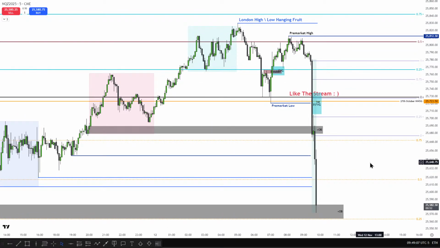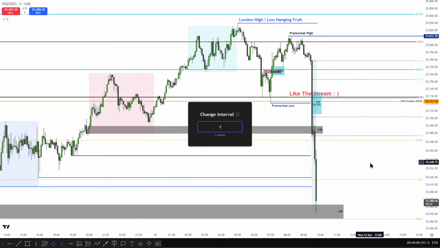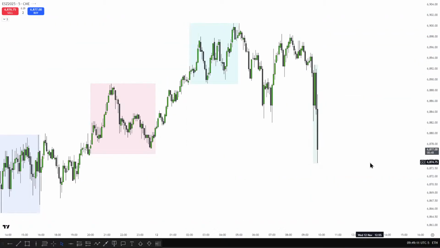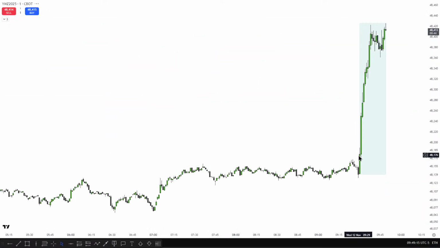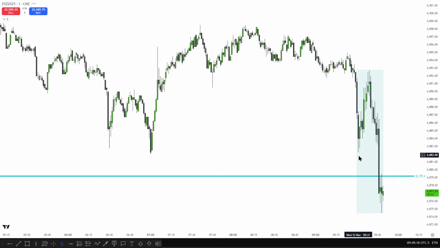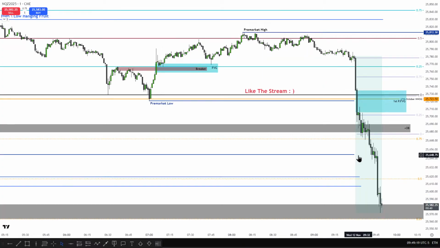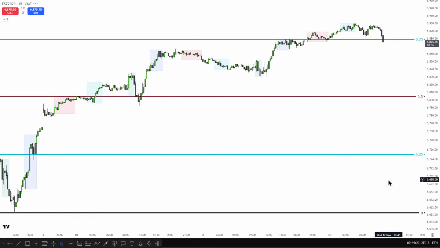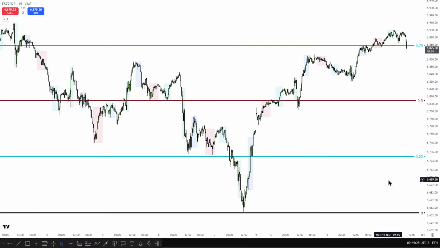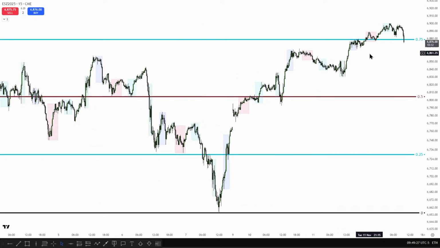Prices in the daily fair value gap, yes. NQ and ES look like they're in sync. Yeah. YM still decoupled. Although I want to see these start turning around. Ooh.